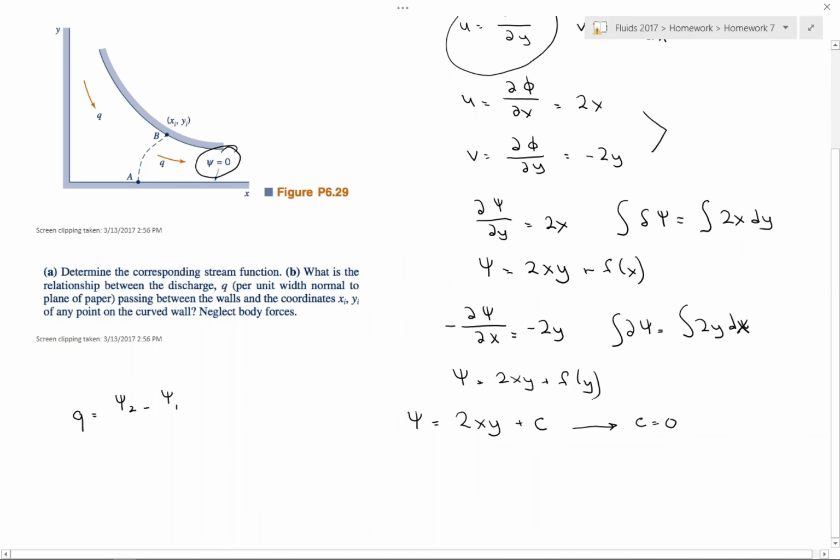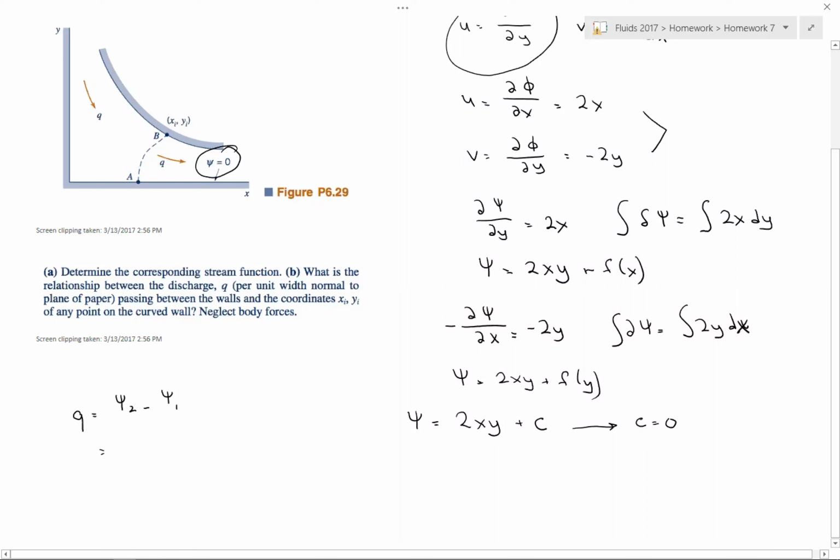What's the first one of the first stream functions equal to? It says it in the picture. Yeah. So this is minus 0. What's the second stream function equal to? We know that this is minus 0.